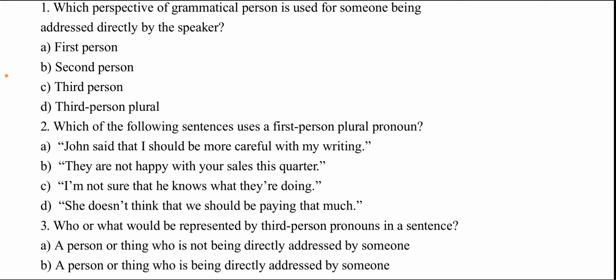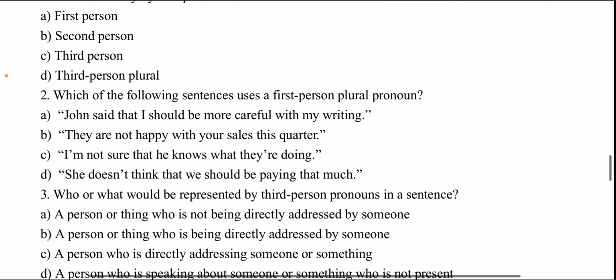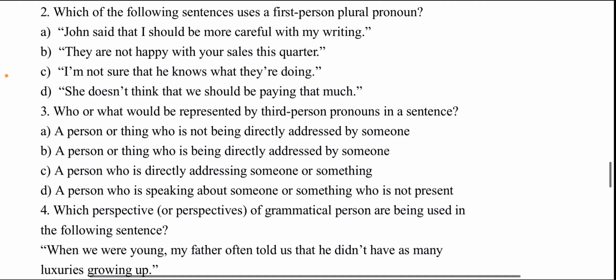Here we is used. Now the third question is, who or what would be represented by third person pronouns in a sentence? Option A, a person or thing who is not being directly addressed by someone. Option B, a person or thing who is being directly addressed by someone. Option C, a person who is directly addressing someone or something.